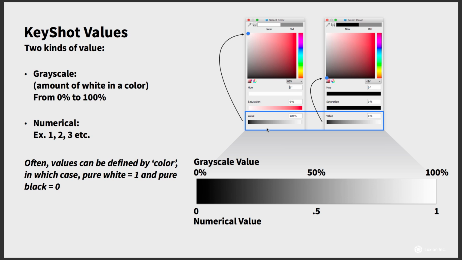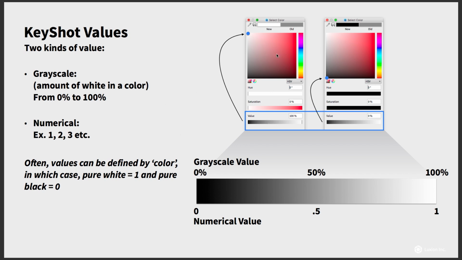But in some cases in KeyShot, when we are using things like textures or texture maps or images to drive a value, it's going to rely on the actual grayscale value within that texture.